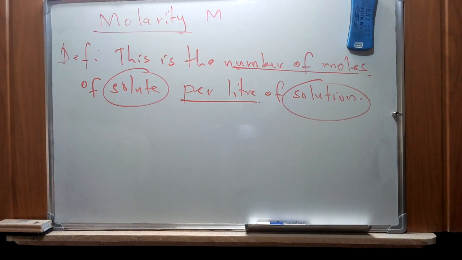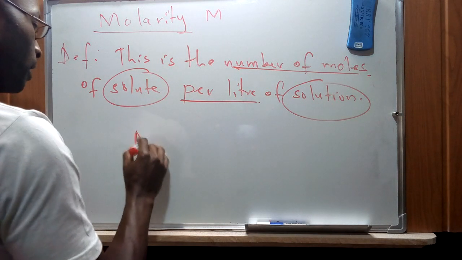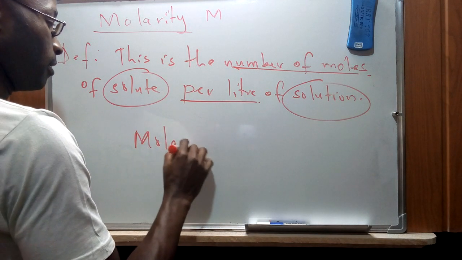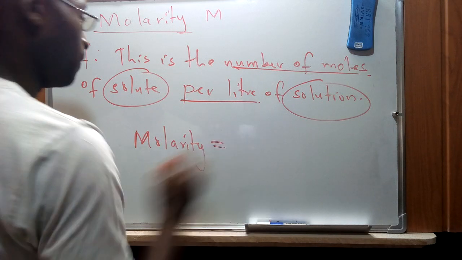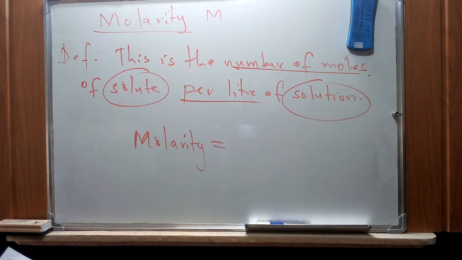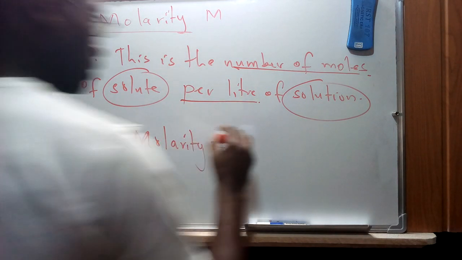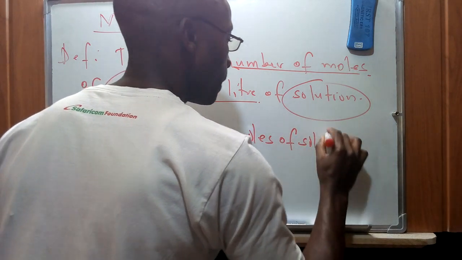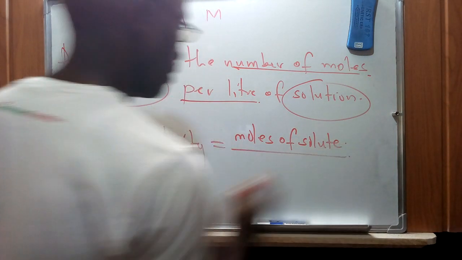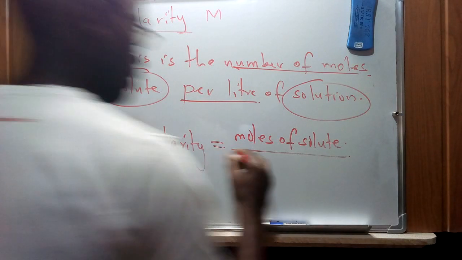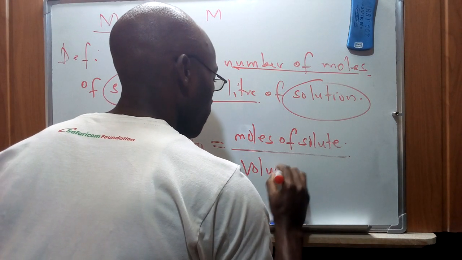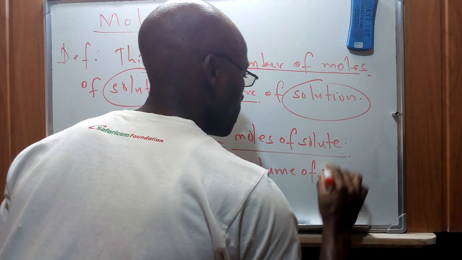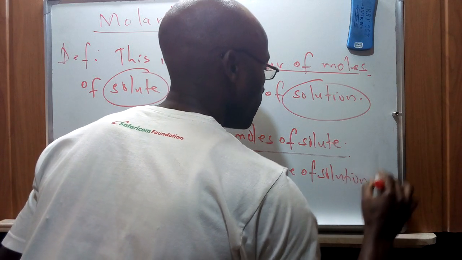This can be given as an illustration or a formula which defines molarity, as a ratio between those two. So we can define molarity as the moles of a solute over the volume of a solution, that is in liters.